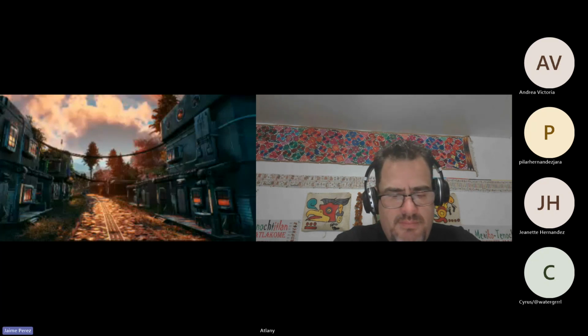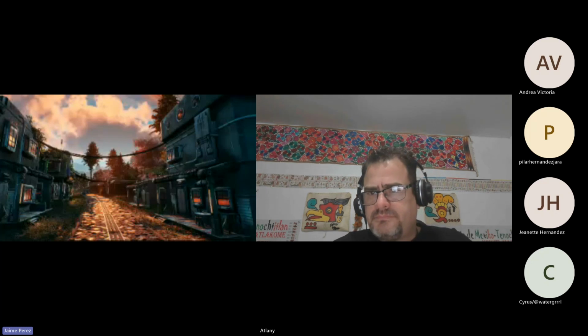So everybody should have access to the chat and to the notes. The main menu bar should be at the top right. You'll start off at the right side and move left. The red button is if you want to end or leave the meeting. Immediately to the left of that, you'll see the share button, which allows you to share your screen.